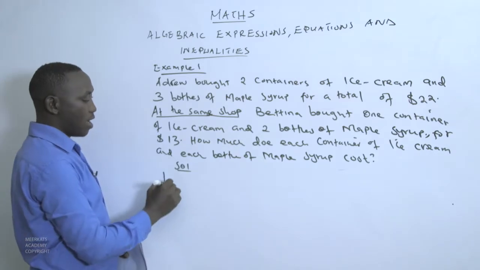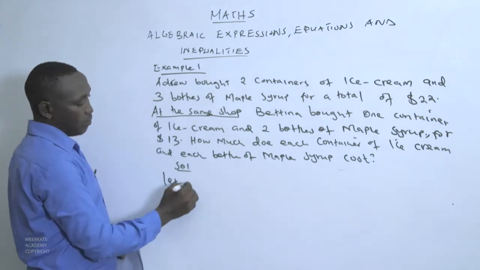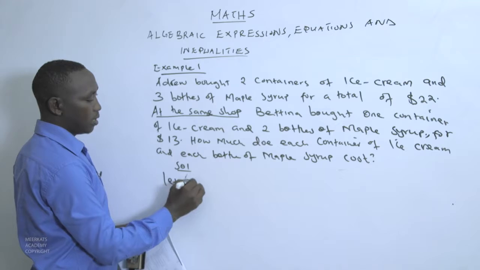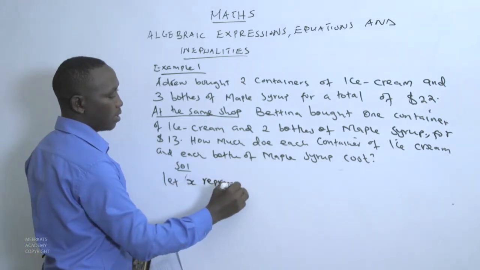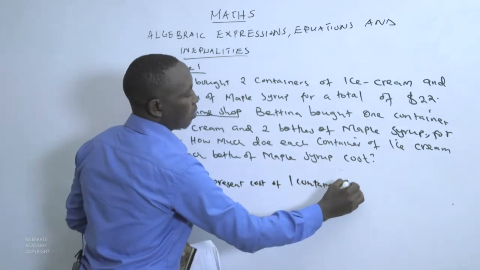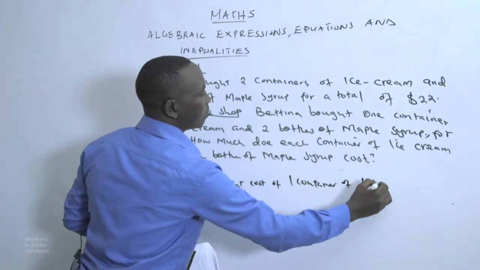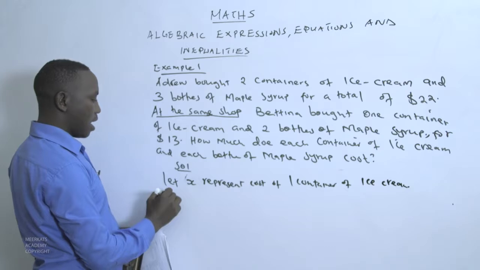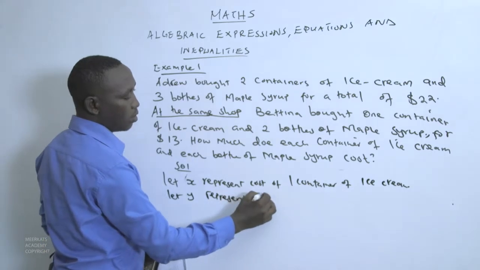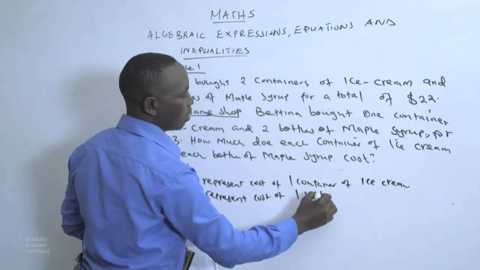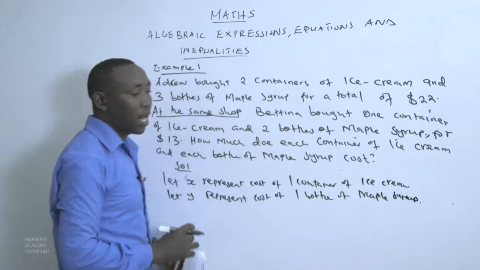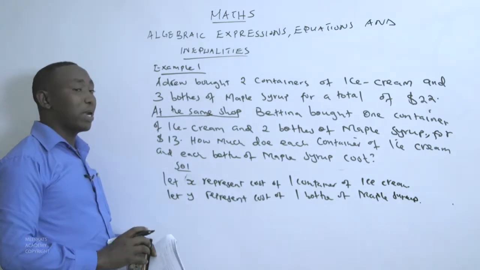So we can let our pronumerals be x and y, so that x represents the cost of 1 container of ice cream and y represents the cost of 1 bottle of maple syrup. So that is step number 1.